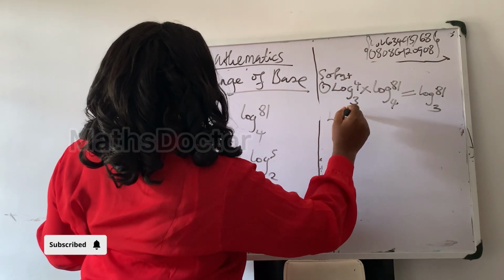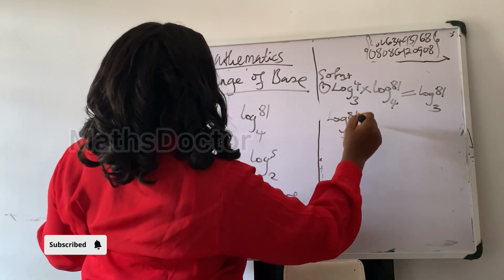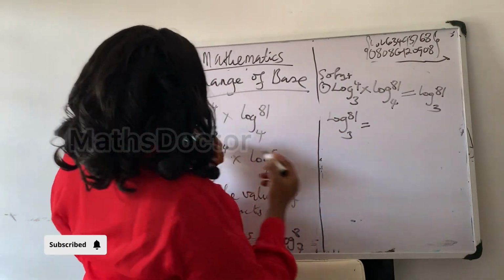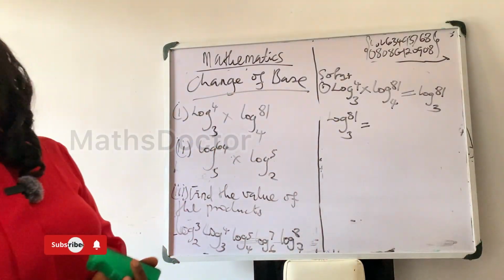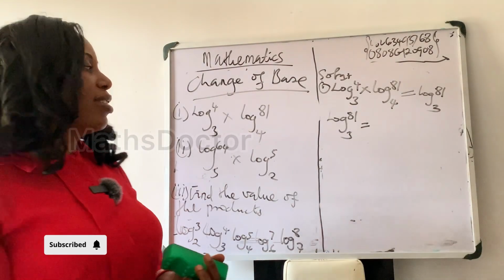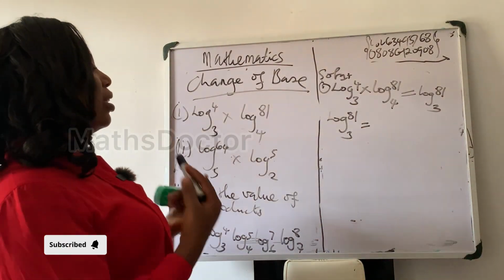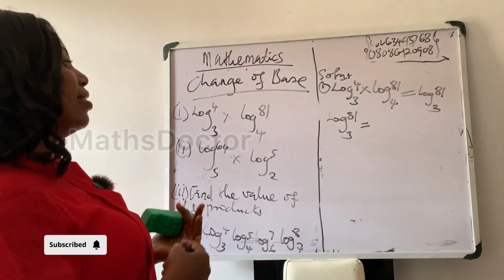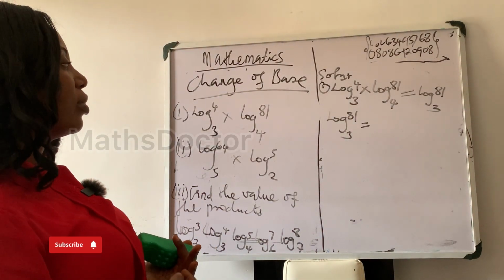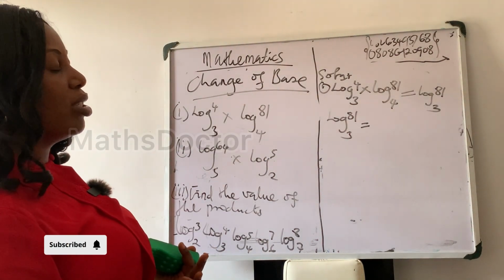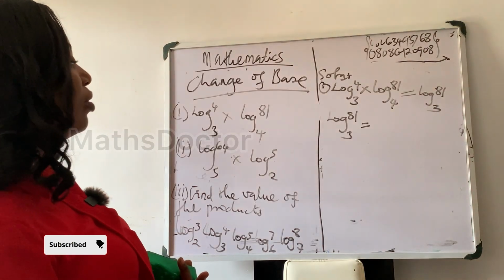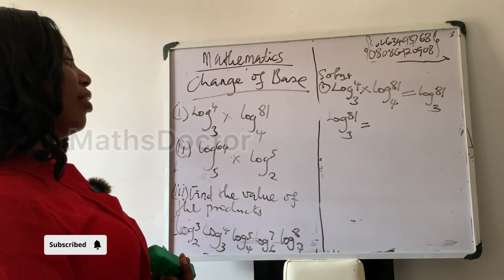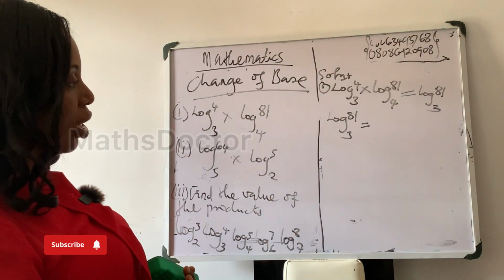Now, log 81 to base 3: you check how many times 3 multiplies itself to give us 81. 3 times 3 is 9, 9 times 3 is 27, 27 times another 3 is 81.